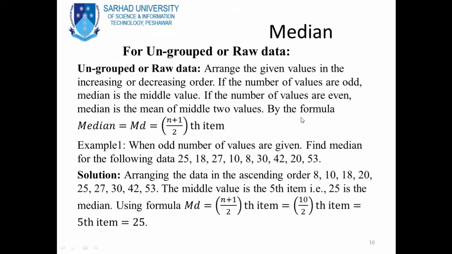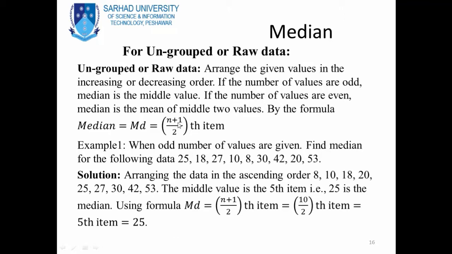By formula, the median position is equal to (n plus 1) divided by 2 items. The number that lies at this position is called the median. So if the number of terms is odd, we can find the median position by (n plus 1) divided by 2.